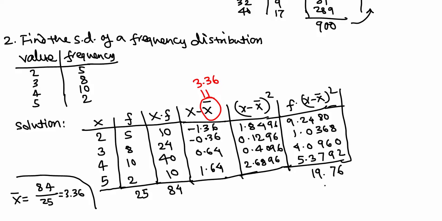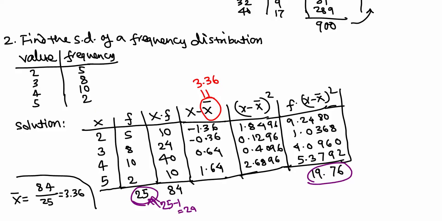These are the squares of the deviations multiplied by frequency, because 2 comes 5 times. Now we divide this 19.76, that's on the top, by n minus 1, that's 25 minus 1, which is 24.